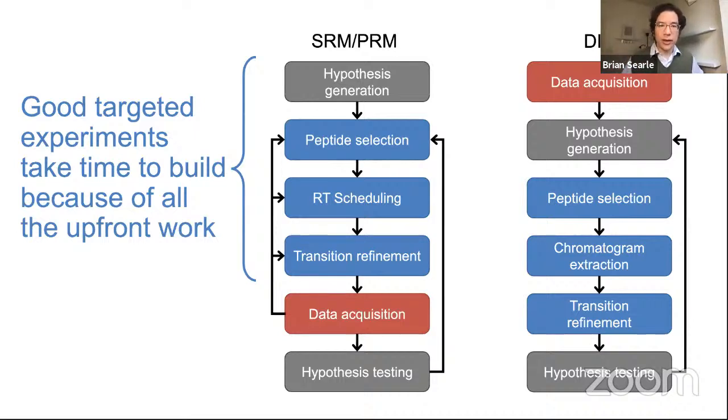Instead of doing these refinements, we can think of it as extraction and transition refinement out of the DIA data after it's been acquired, to decide which transitions are actually useful for making measurements of those particular peptides. And then we can circle around on the data analysis rather than having to reacquire new data one after another.